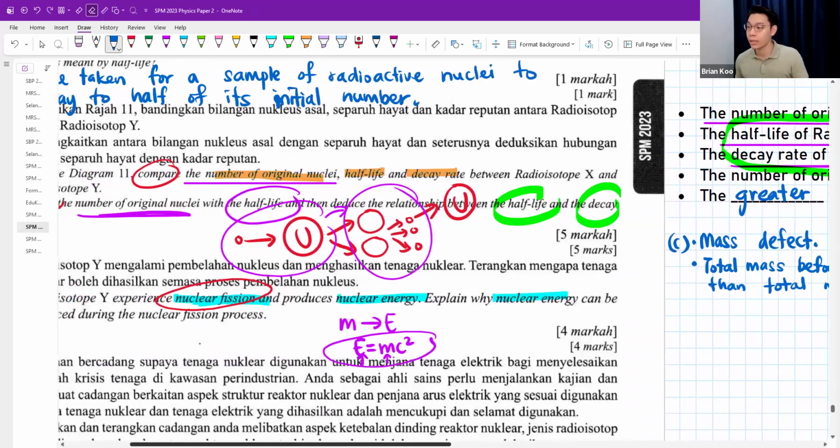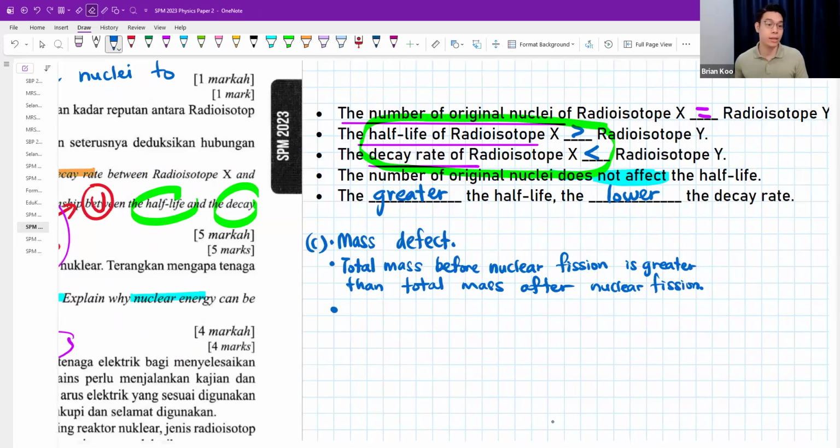Okay. And then there is mass loss during the process, or mass reduces during nuclear fission. Like that, you already get 3 marks.